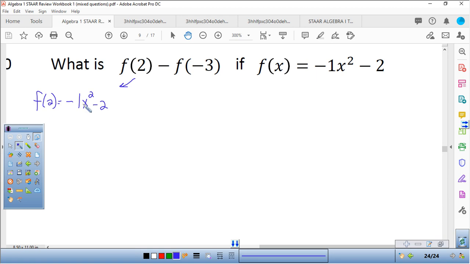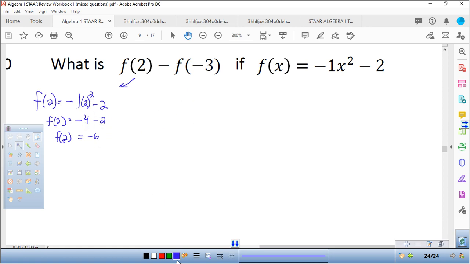Yeah. And then that means this becomes a 2 right here. So f of 2 is now a negative, this becomes 4. This is a negative 4 minus 2. f of 2 is equal to a negative 6. Let's say that's true. This becomes squared, right? 4. 4 times a negative 1, negative 4. Negative 4 minus 2, negative 6.